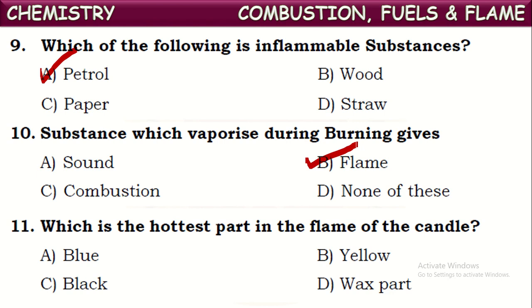That is why the outermost zone of a candle flame is the hottest part, and there the vapors of candle wax burn with a blue flame. The blue flame part of the candle is the hottest part. There the vapors of wax are completely burned in the presence of oxygen, so producing a large amount of heat compared to the remaining parts of the flame. The outermost zone contains the blue colored flame.